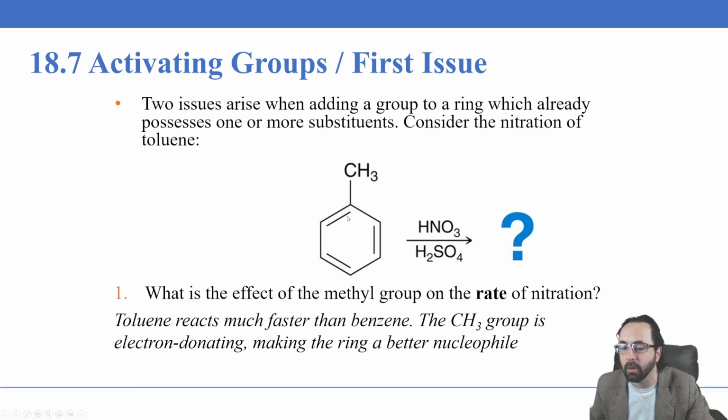It's the same as the other carbon atom, and it can donate electron density through the hyperconjugation effect that we have learned earlier, in which essentially the sp2 hybrid orbitals here and the sp3 here can kind of interchange hydrogens in order to share electron density. So the CH3 group here is electron donating, which makes the ring a better nucleophile.